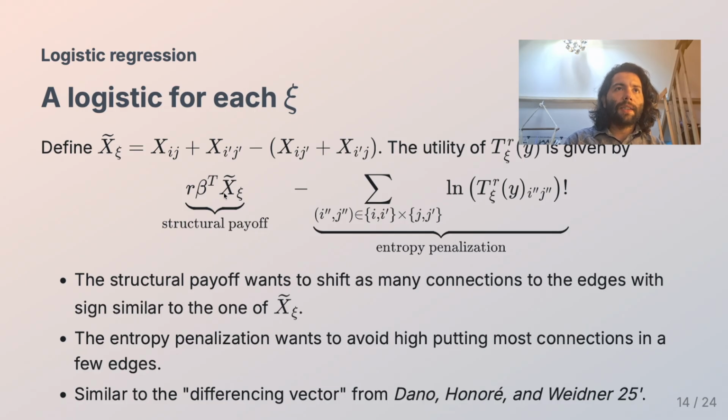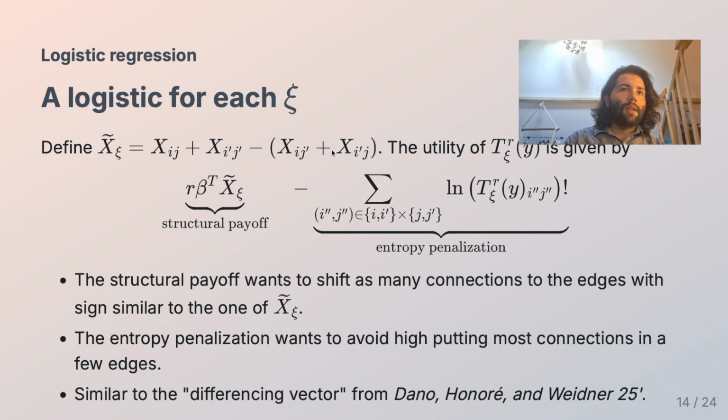And this xi prime here is just the GIF and GIF of the covariates of the edges involved in this polyad.